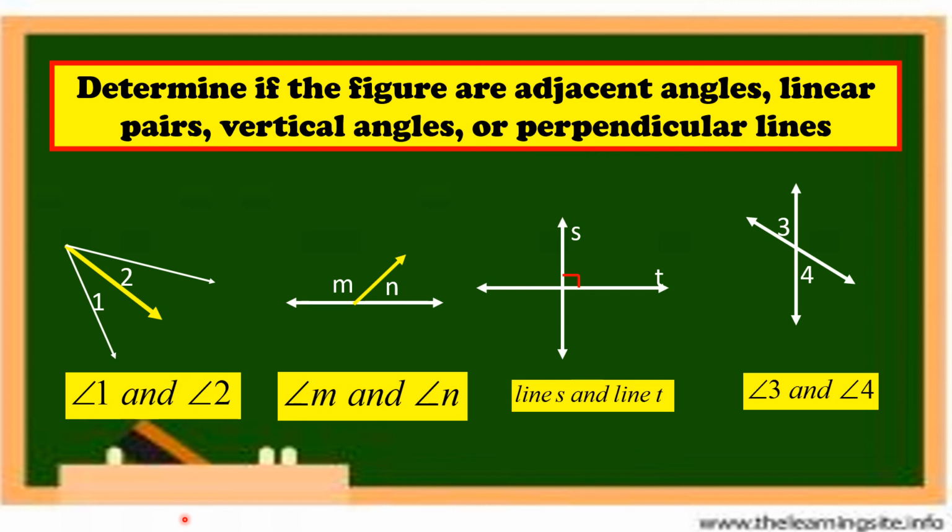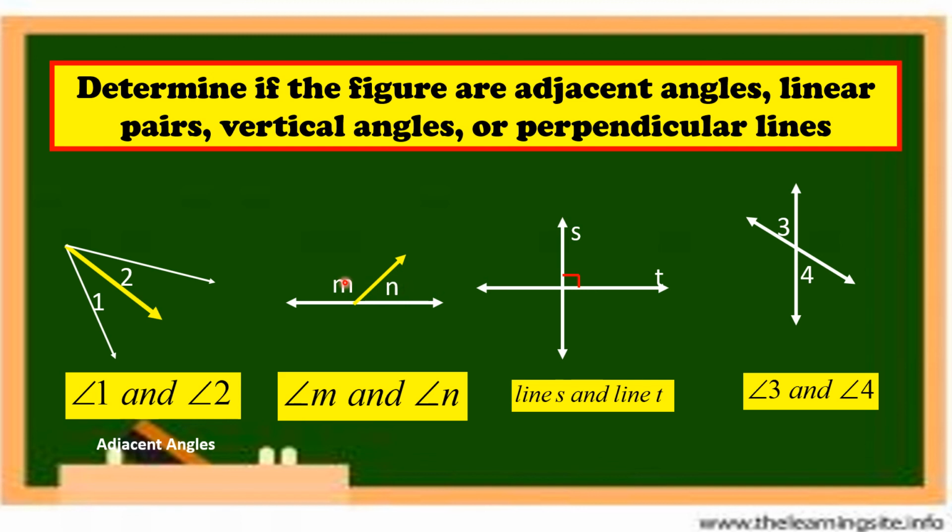So the answer is adjacent angle. We have angle M and angle N. Do you think the angles are adjacent, linear, vertical, perpendicular lines? So actually, the two angles are adjacent.